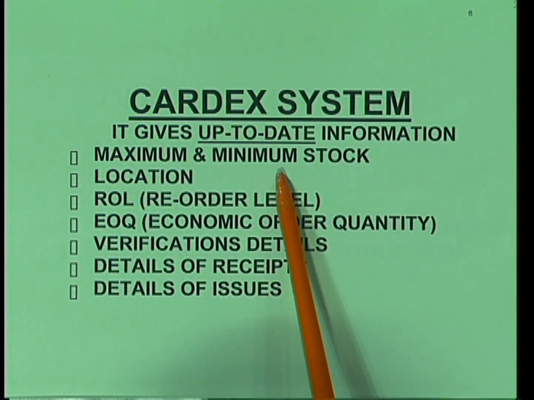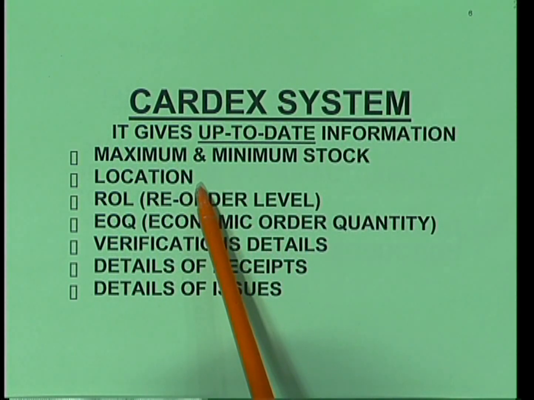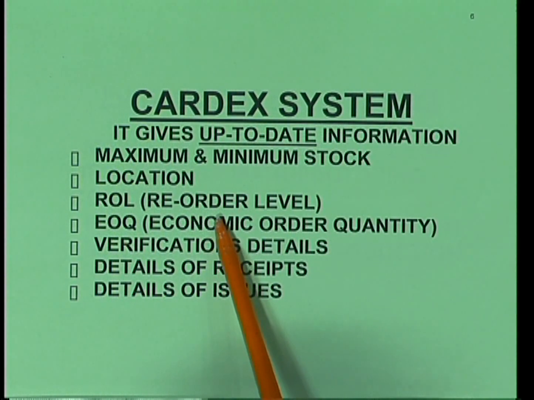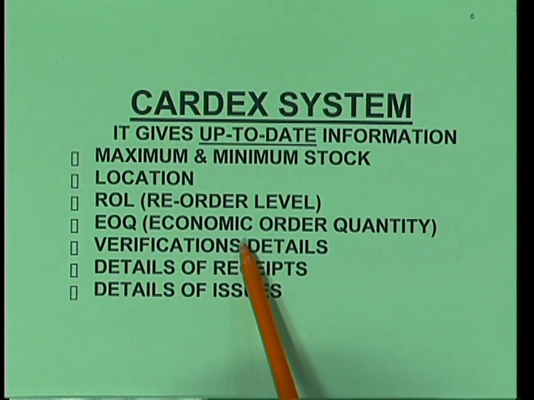Say, for example, for pipes: how much maximum stock and minimum stock, location, on which stack or rack it is there. Next, the reorder level, at what point we have to reorder, and the economic order quantity will be written there.